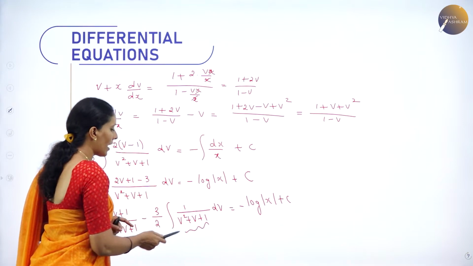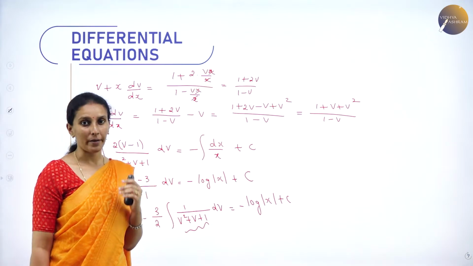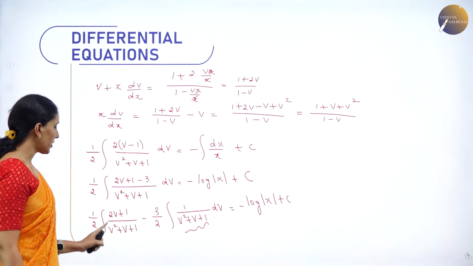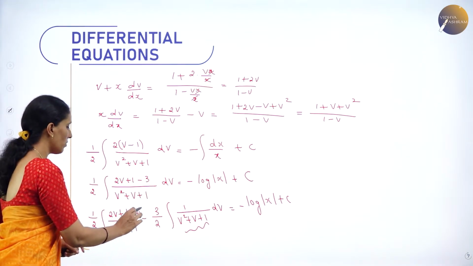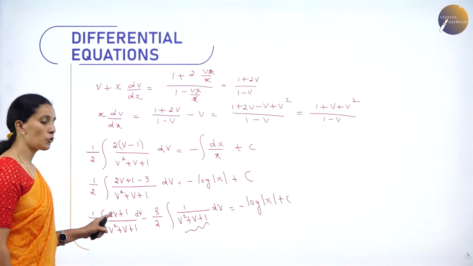Since this is a quadratic expression, we can express it in the form of a completing square. And here, let us apply the integral. So here we have dv also. So take v square plus v plus 1. When you differentiate it, it is 2v plus 1.